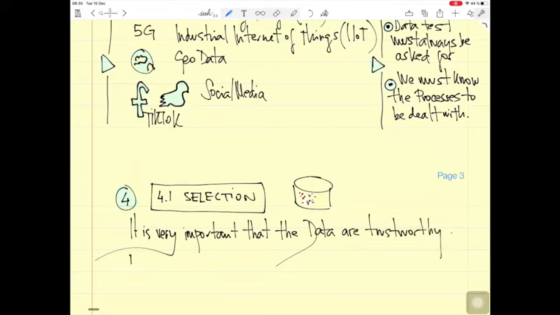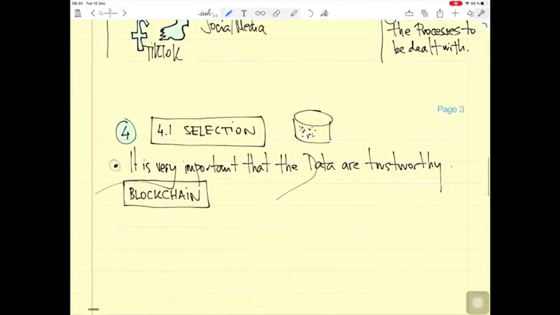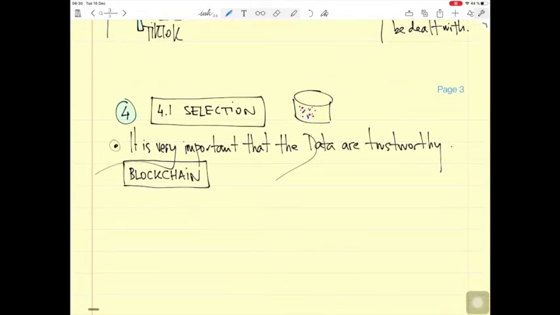Here, remember one concept called blockchain. Okay, this makes the data trustworthy. If you would be with me in another class, supplier management, you would look at how to make a blockchain.